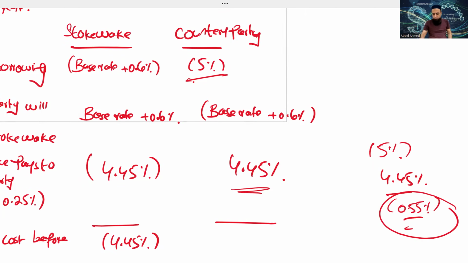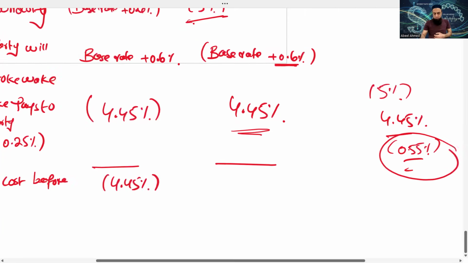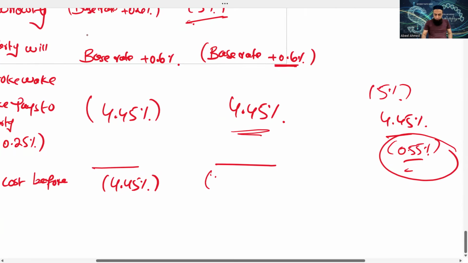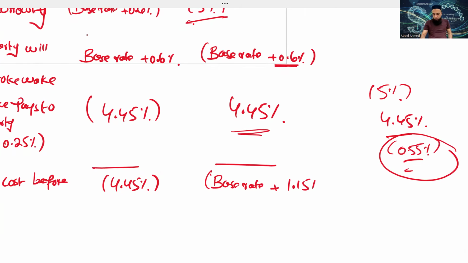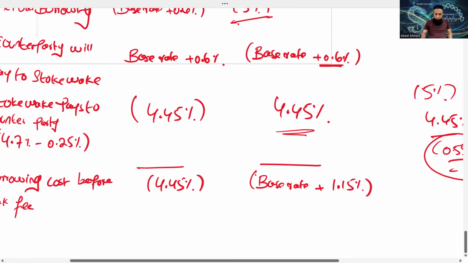This 0.55 will increase the base rate plus, because when we are adding something to the base rate, it increases the cost for the counterparty. So 0.55 will increase the cost for the counterparty. The answer is base rate plus 1.15. But the story does not end here. Now we have to deduct the bank fee.